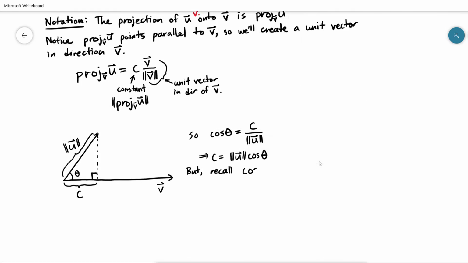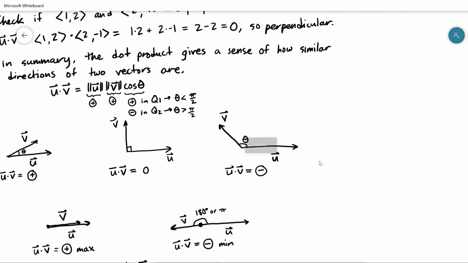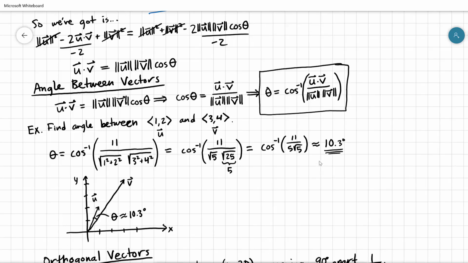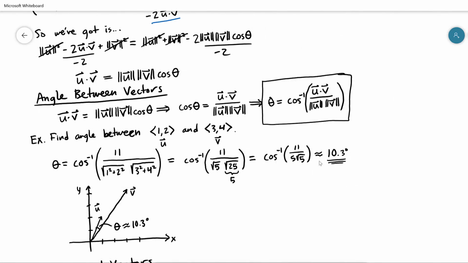The cosine of theta is equal to u dotted with v over the magnitude of u times the magnitude of v. So this formula right here, whatever, that formula we derived way back up, further, there it is.